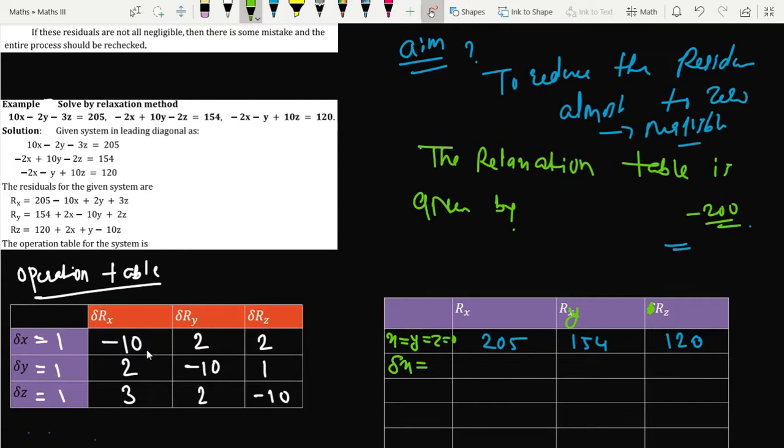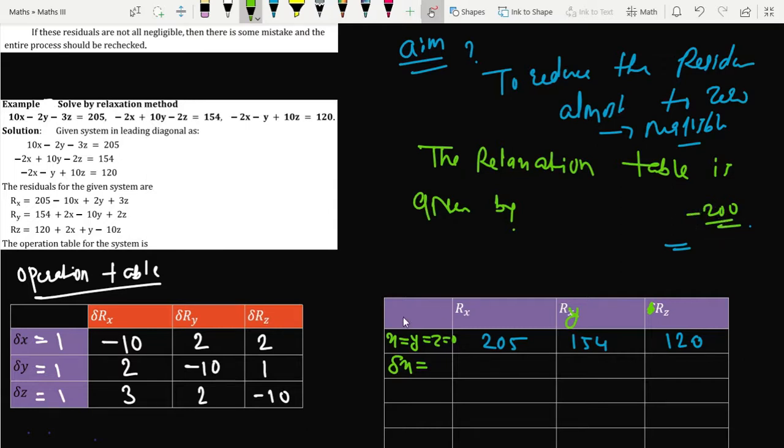Suppose I multiply this minus 10 by 20. So I get minus 200, which is very close to that number 205, or we could consider minus 210, which is also close to this number. So we can use any value between 200 or 210. So I consider I have to use the 200 value.